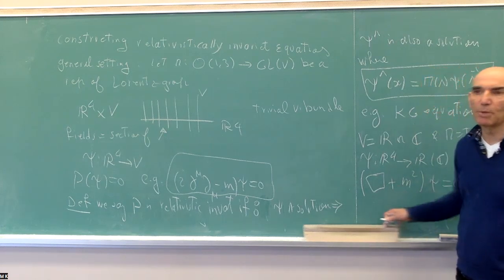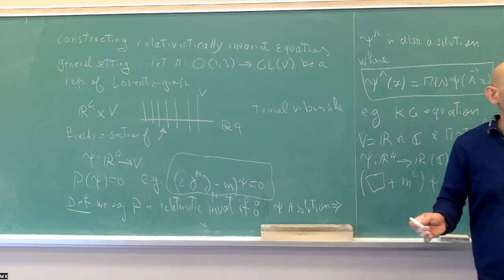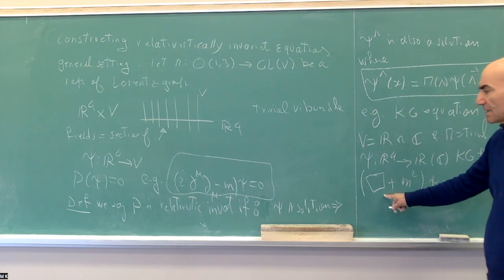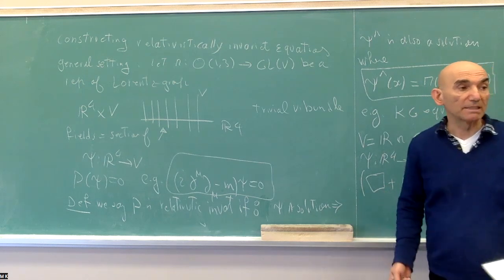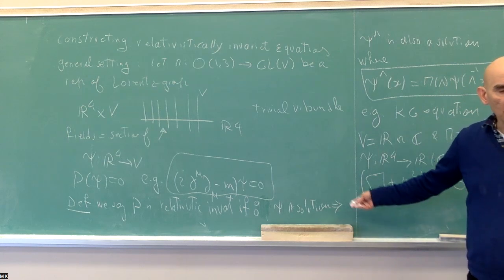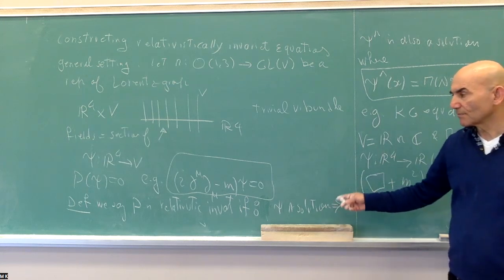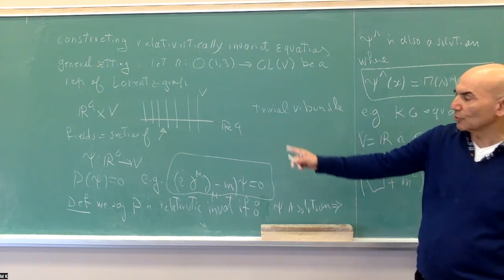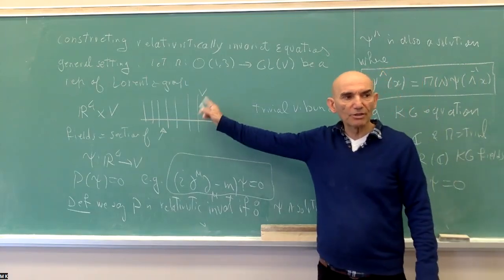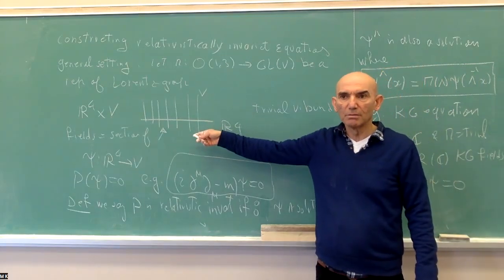Box is just the box operator, which is the wave operator. Checking that this is relativistic invariant is actually easy, because in this case, the way that the Lorentz group acts on fields is only on the base. It's not on the fiber, because the fiber is trivial.